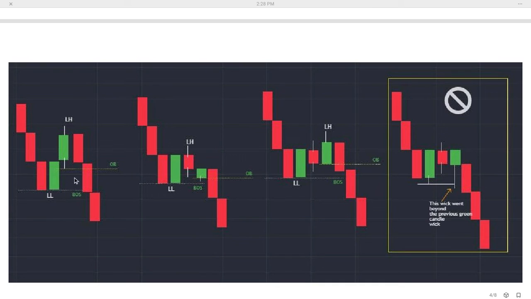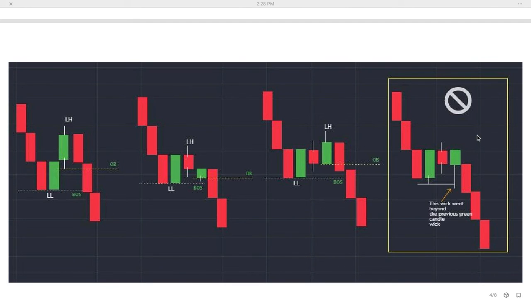So I know when I use these three examples here as a guide to a valid lower high and a valid order block and a valid break of structure, most of the time when I take trades from such areas, the trade does work out.